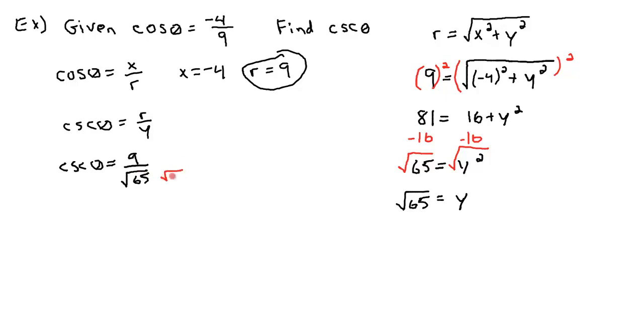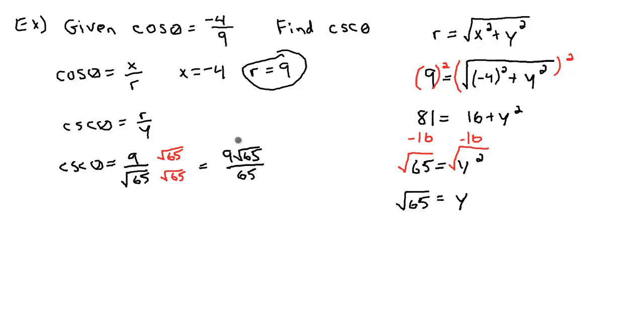So let's multiply the bottom part by the square root of 65, which means we also have to multiply the top part by the square root of 65. So we've got 9 times the square root of 65 on top, and then the square root of 65 times the square root of 65. We're going to cancel out the radical there, so we're just left with a 65 in the denominator.